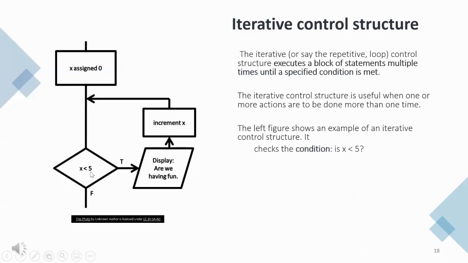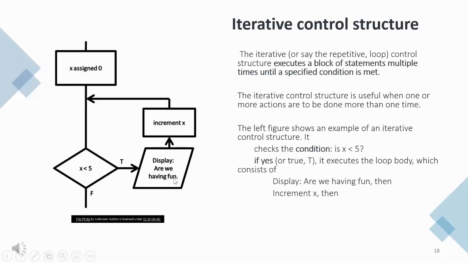If yes or true, then it executes the loop body, which consists of display, are we having fun? Then increment x, then check the condition again, x smaller than 5? If no or false, it executes the next available instruction below.